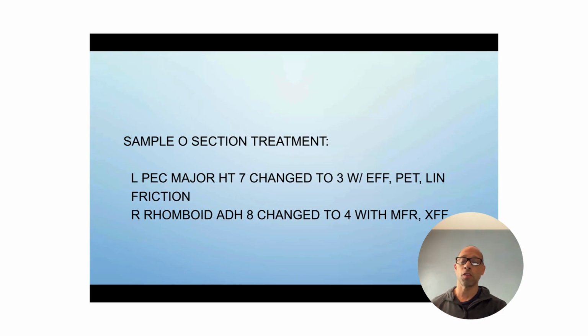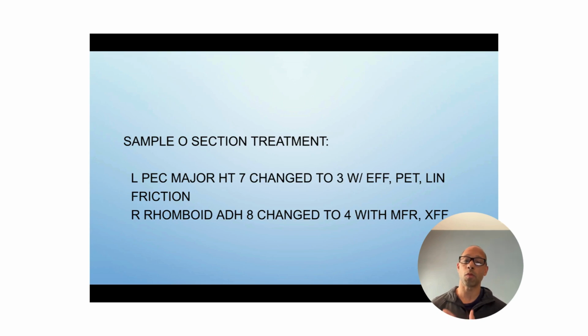Okay, so this is a sample here. In the O, in the objective, you might say left pec major, hypertonic, was at a 7 out of 10, and we changed it to a 3 with effleurage, petrissage, and linear friction, which is in line with the muscle fibers.